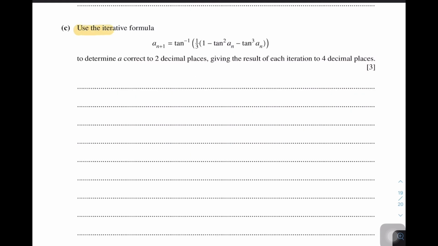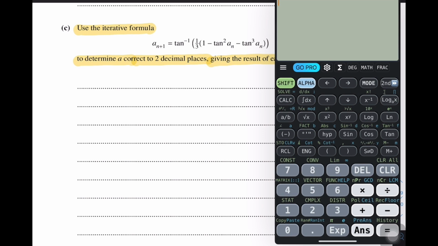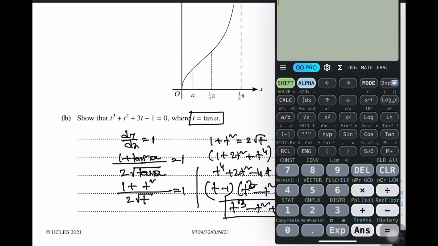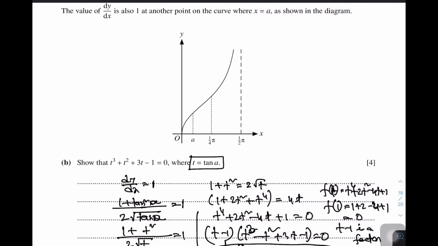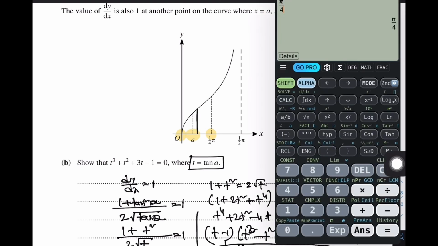Shown. Use a formula to determine a correct to 2 decimal places, giving the result of each iteration to 4 decimal places. Let me check. See this diagram. a lies in between 0 to 1 by 4 pi, divided by 2.